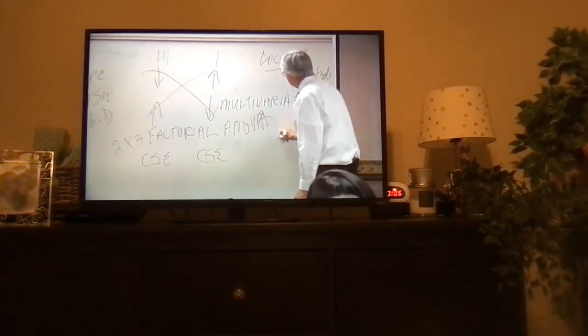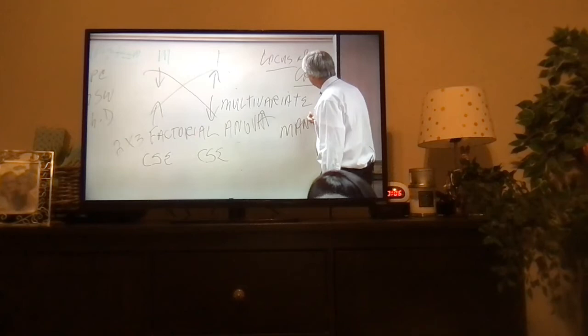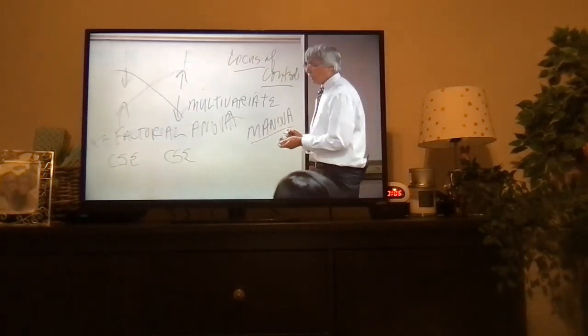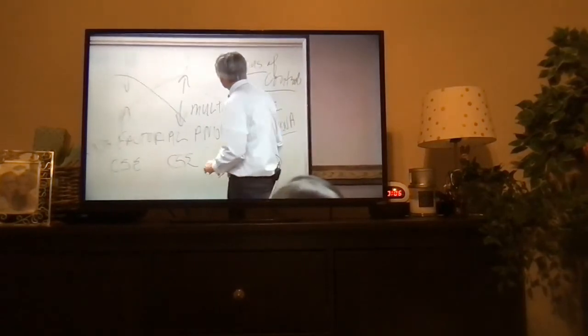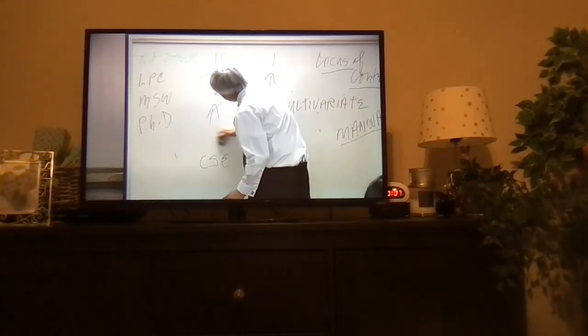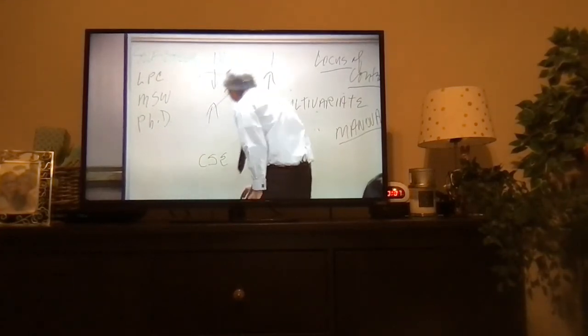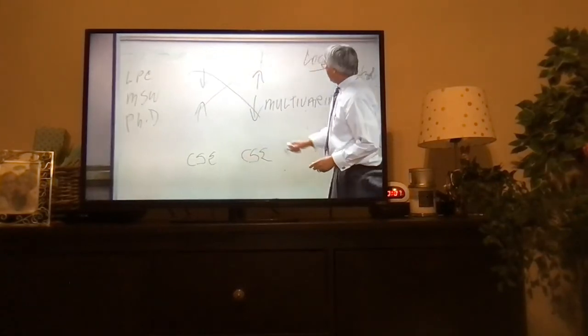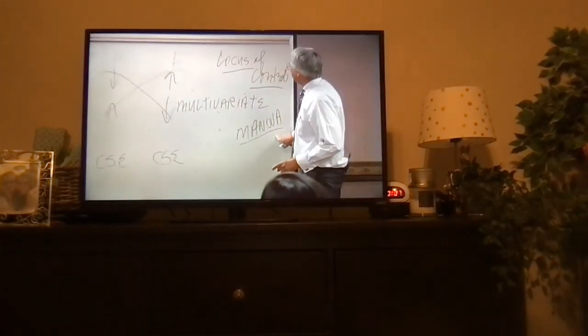Multivariate, MANOVA for short. Okay, MANOVA, multivariate analysis of variance. And let me get rid of this one. This is our third kind of analysis of variance. We had the one-way, we had the factorial, and now multivariate.